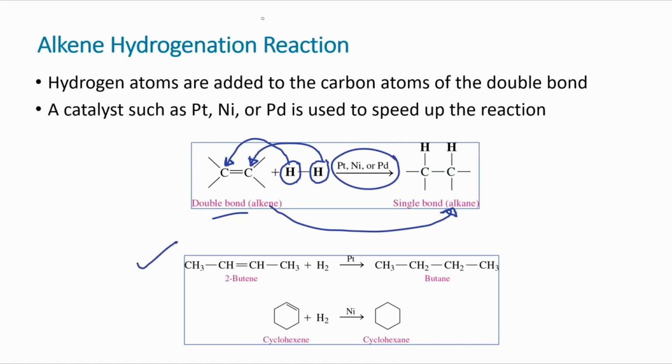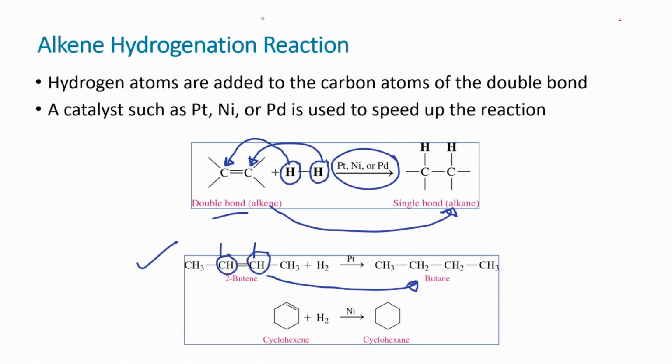If we have this 2-butene alkene, where the carbon-carbon double bond exists in the second position in the carbon chain, what is the product that you get from the hydrogenation reaction? Again, this is a very simple reaction. You just have to add two hydrogen atoms to the carbon-carbon double bond, and as a result, it will convert into CH2 and CH2 instead of CH and CH in the alkene.